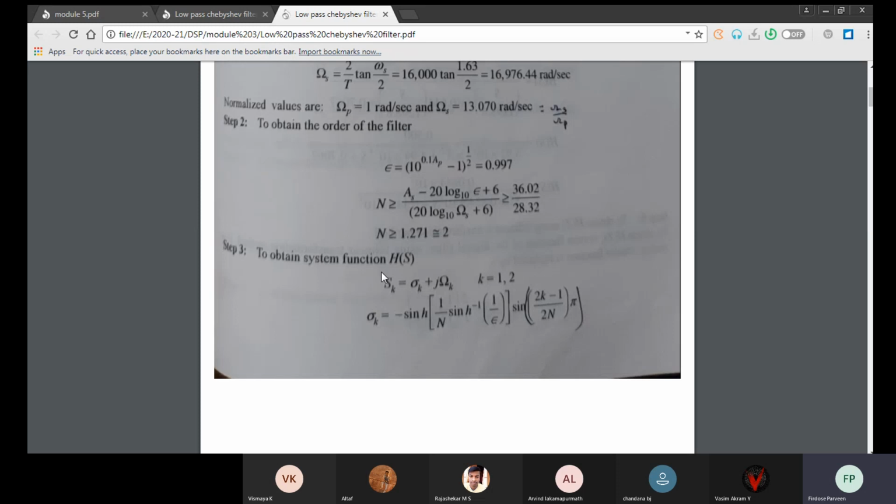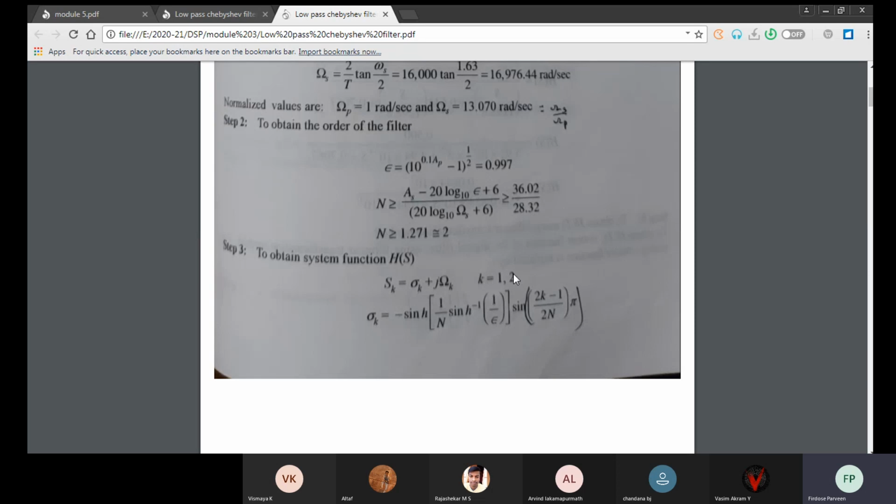To obtain the system function H of s, sk is equal to sigma k plus j omega k, where k is equal to 1, 2, up to n.